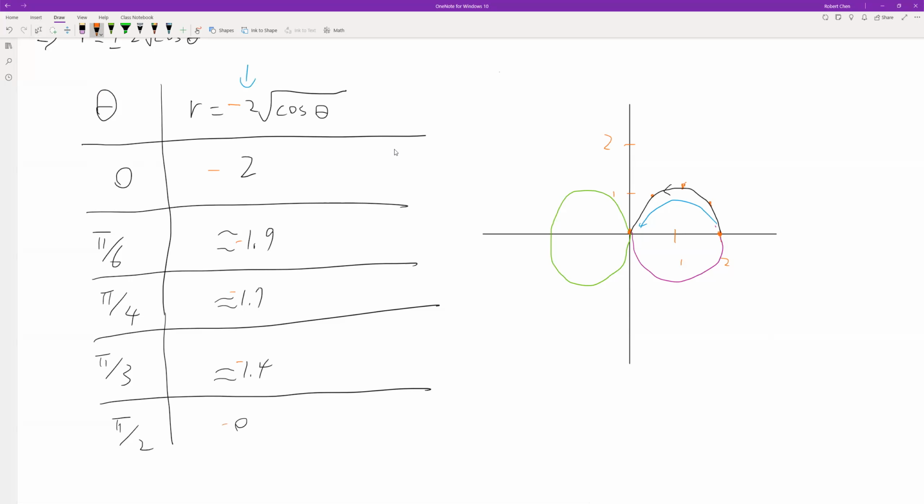So in that case, we'll have 0, negative 2, which is right here. And pi over 6, negative 1.9, that will be here. Pi over 4, negative 1.7, somewhere around here, and then so on, right? So by taking the negative side, we know the rotation will give us this part. So that takes care of some of it.